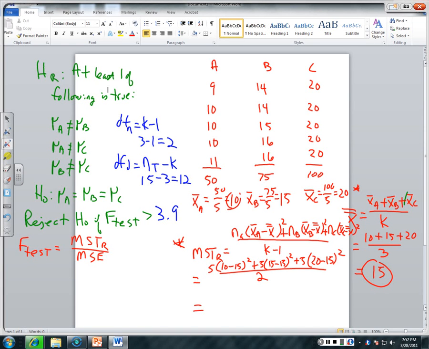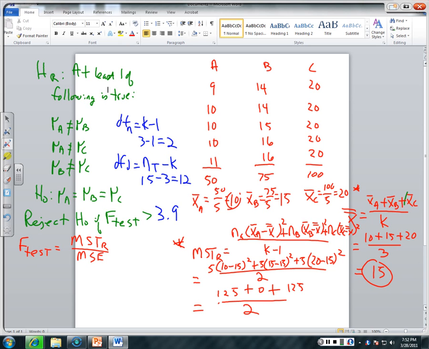And so that's going to equal, in this first one, 10 minus 15 is minus 5. Squared is 25 times 5 is 125. Plus the next one's going to be 0, because 15 minus 15 is 0. Plus, and the other one, 20 minus 15 is 5. Square that, you get 25. Multiply that by 5, and you get another 125.